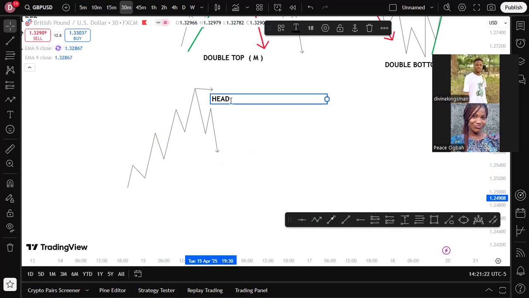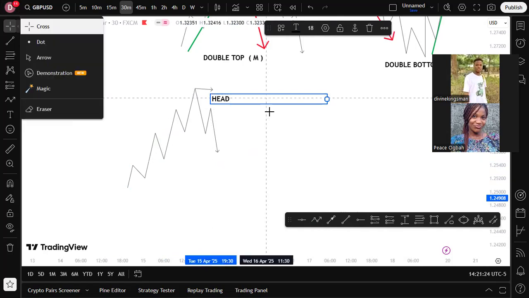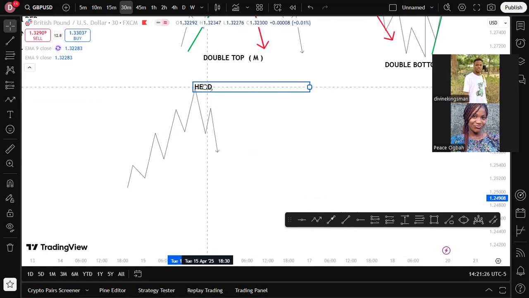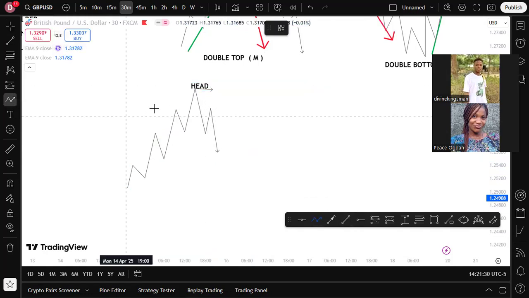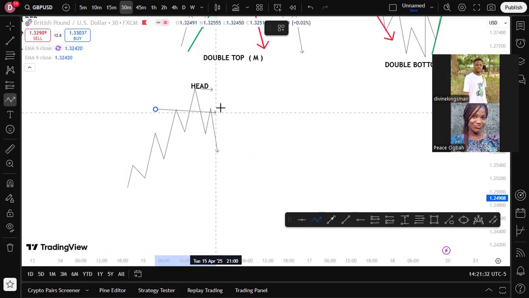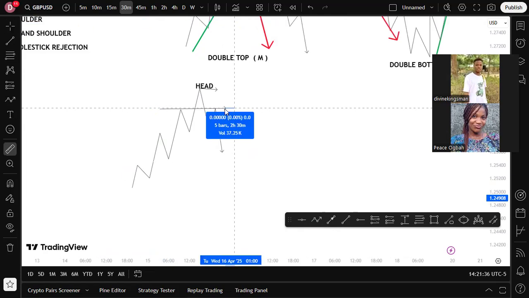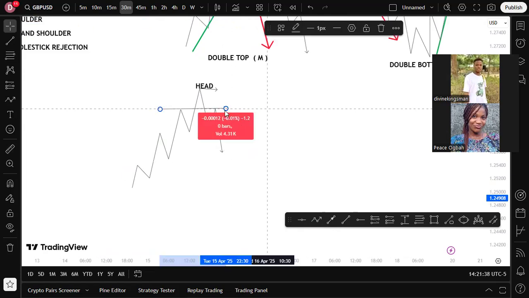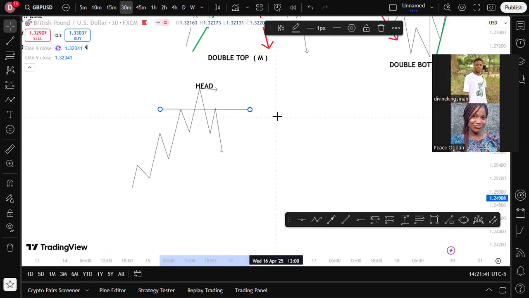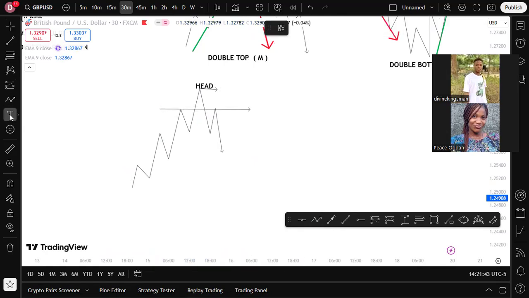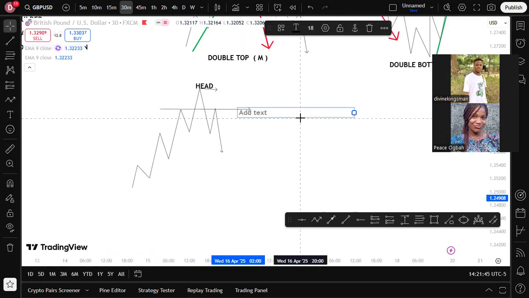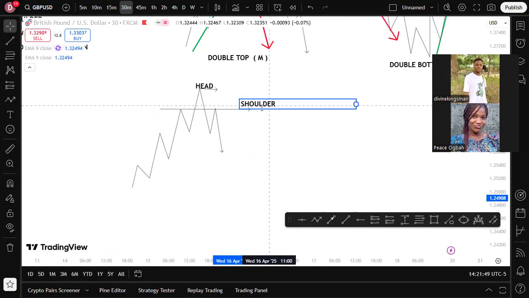Here will be the head, and this place will be our shoulder. I'll just draw that long like this. So here will be our shoulder. Here will be the right shoulder.